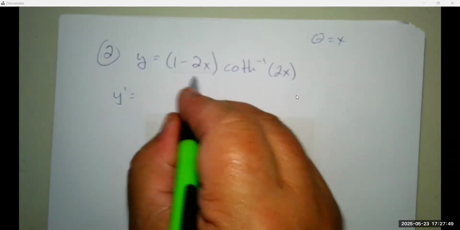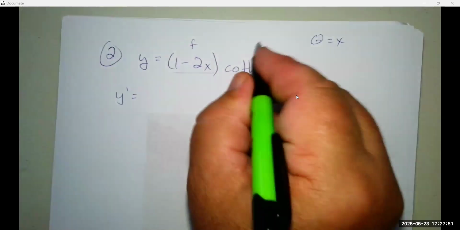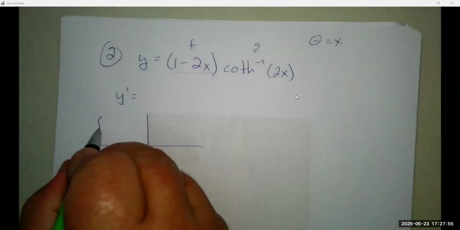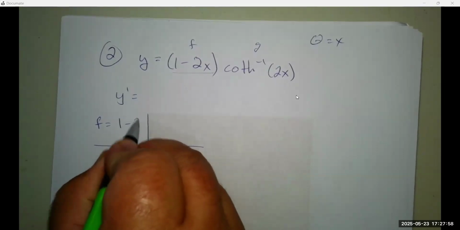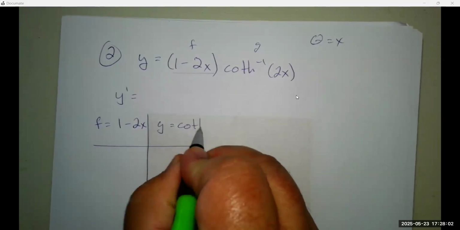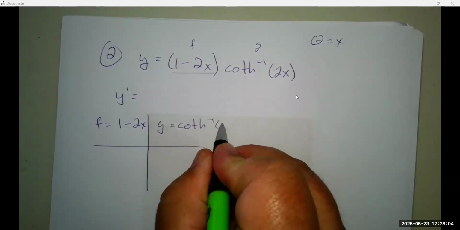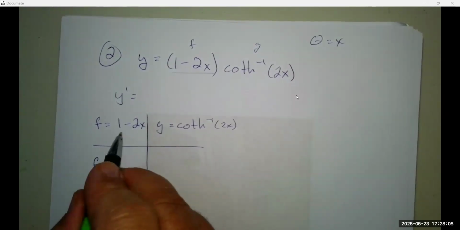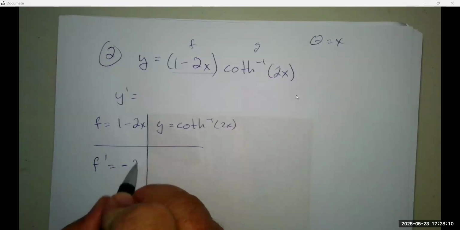So since we have a product, this is f, this is g. So f is 1 minus 2x. G is the inverse cotangent of 2x. F prime, the derivative of this one makes it negative 2.